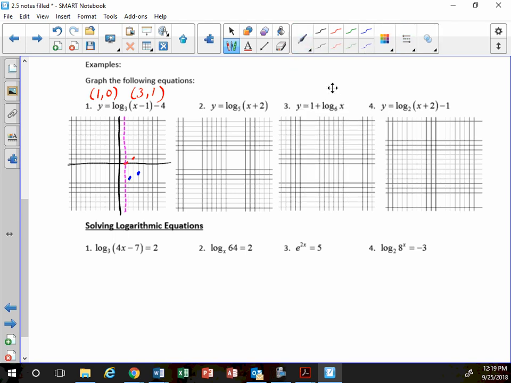Once you have that, you can go ahead and sketch the shape of your graph. Make sense? Okay. Try the next 3 for me. Do 2, 3, and 4.